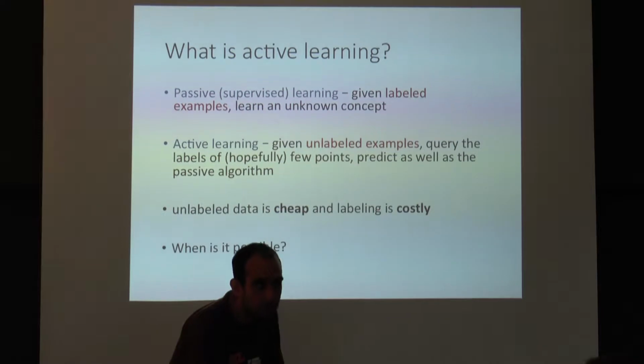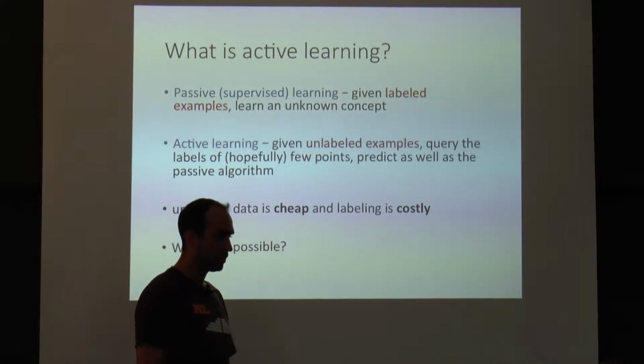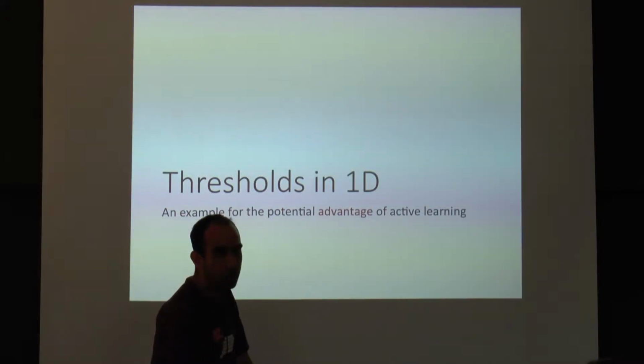So when is it possible? Let's begin with a simple toy example that shows that active learning sometimes is very efficient. So this is threshold in one dimension.